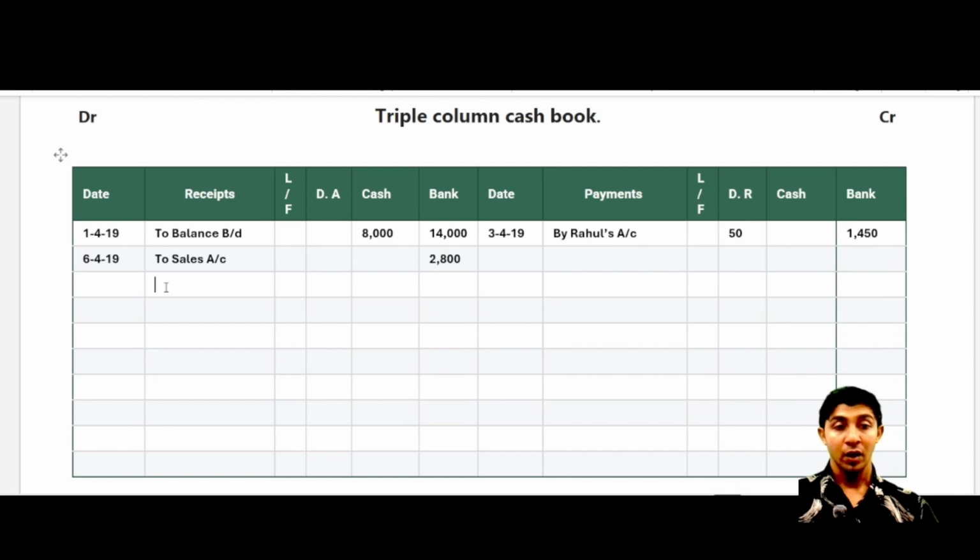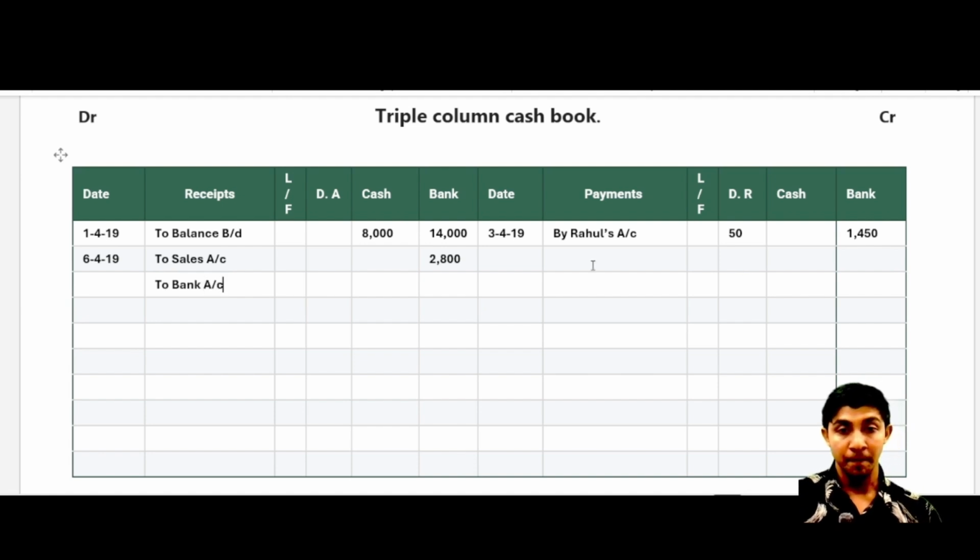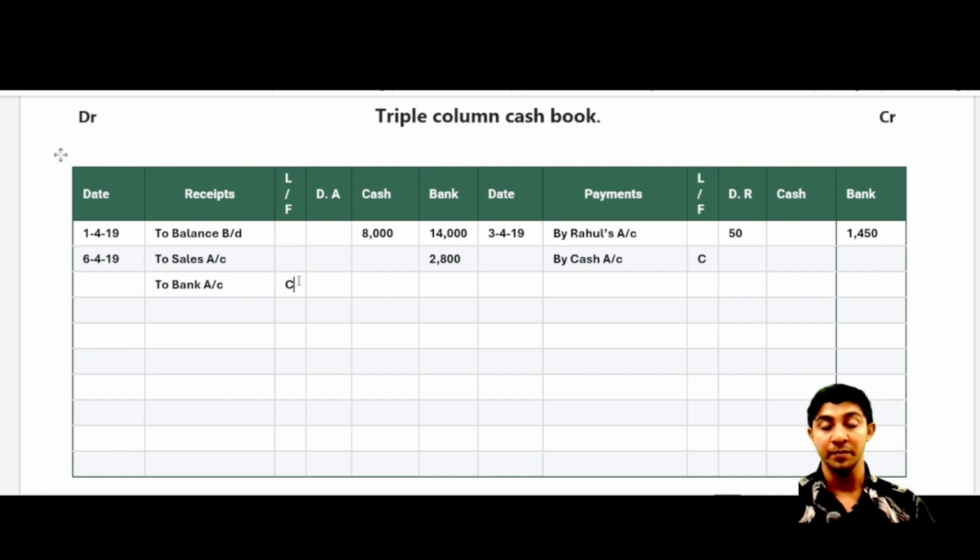So what we have to do? We have to write to bank account and by cash account, and in the LF column we will write C. Contra entry की identity है, C पहचान है, right? What is the date for this transaction?